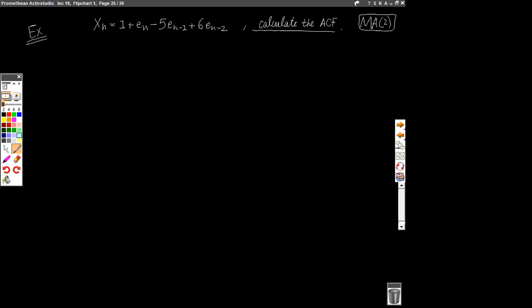Gamma 1 is 35 or is it minus 35? Minus 35. Okay, good. And the other one is? All others are 0. Gamma 2 is 0, you mean? Did you try? Gamma 2 cannot be 0, right? It is 6 sigma square. Perfect.